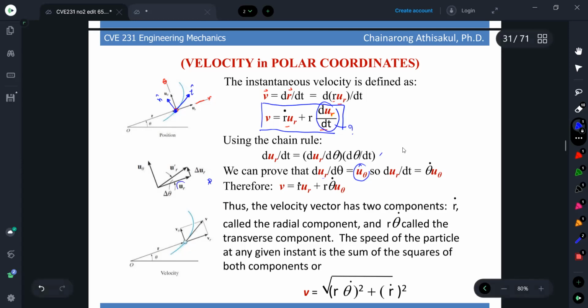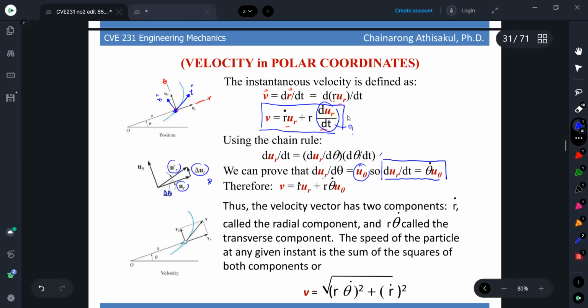So a change in u_r with a small angle d theta, we have the direction of delta u_r in the same direction as u theta. And then du_r by dt becomes theta dot u theta.